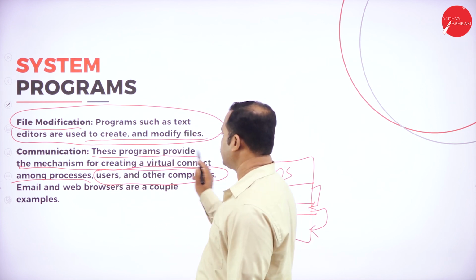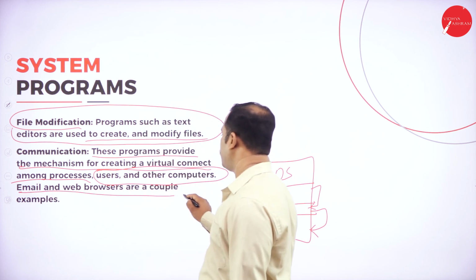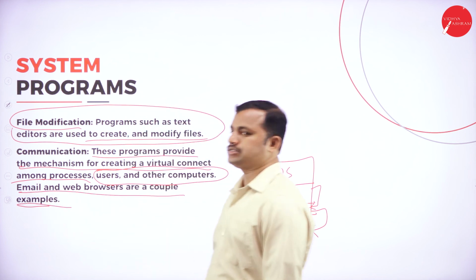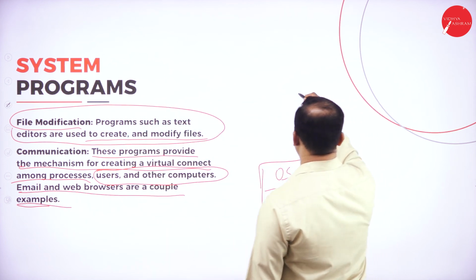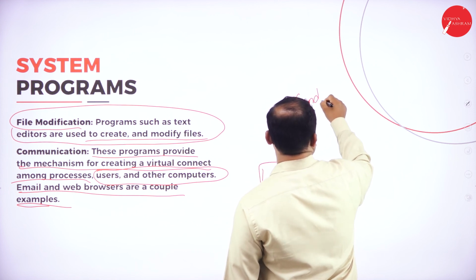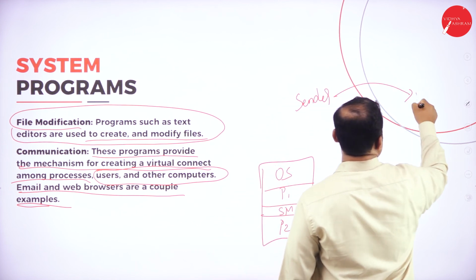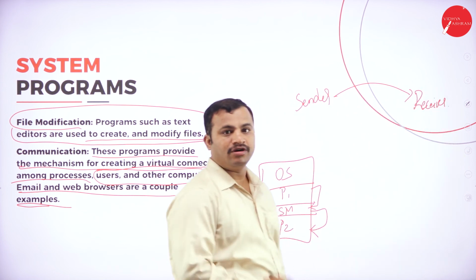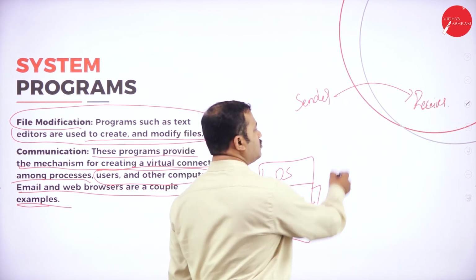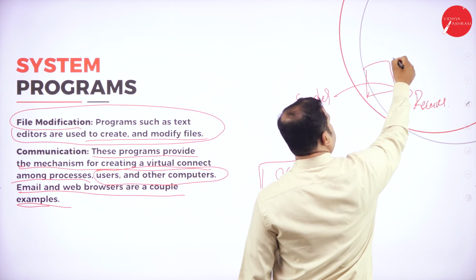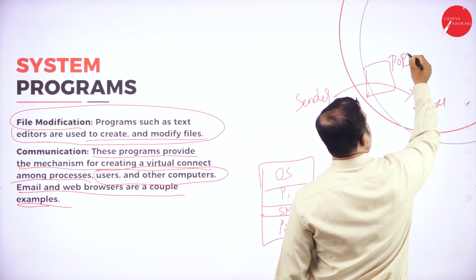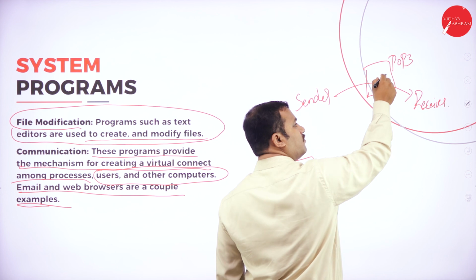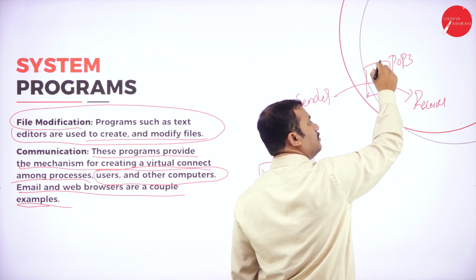Then users and other computers. Email and web browsers are a couple of examples. In the case of email, when a sender sends a message to the receiver, it is not directly delivered to the receiver. Instead, it is delivered using the POP3 protocol.